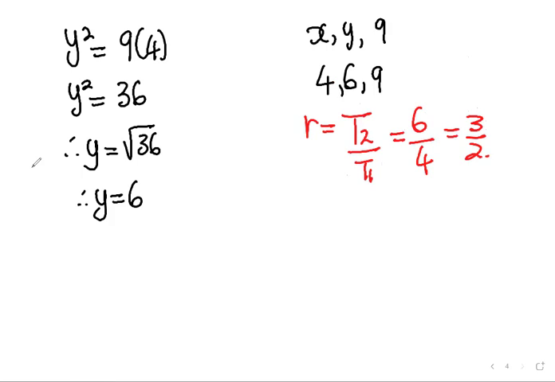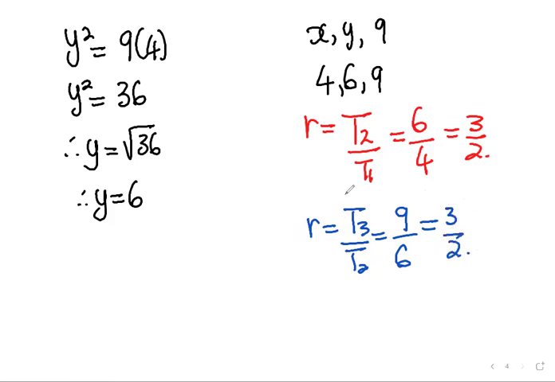And then if you're using T2 over T1, or you can just say r equals the third term, which is T3, over the second term, which is T2. Now, with regards to this, our third term is going to be 9 over our second term is going to be 6. So what is 9 over 6? We can see that 9 over 6 is going to be 3 over 2. So you're just going to write 3 over 2.